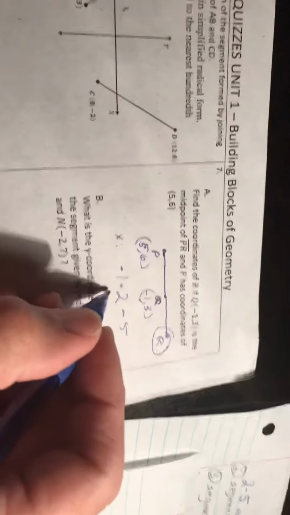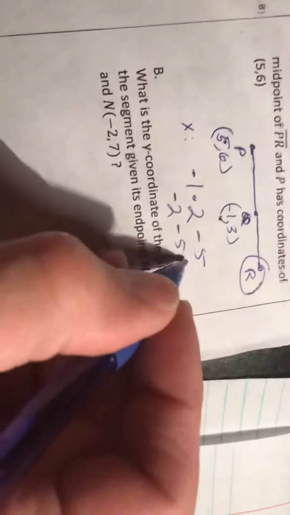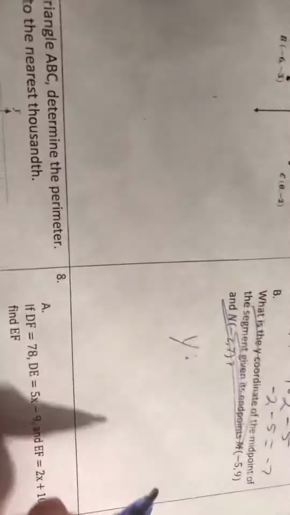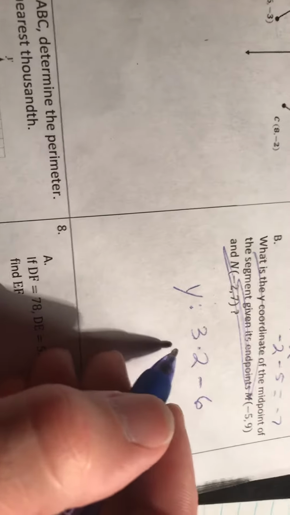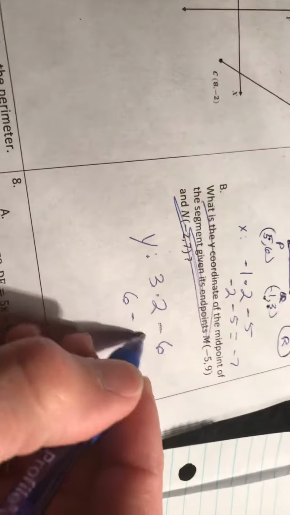So -1 times 2 is -2, and minus 5 gives us -7, which is what we have there. And then we'll do the same thing for the y. Okay, y. So we've got 3 times 2 minus 6. So 3 times 2, 6, minus 6 is 0, which we have there.